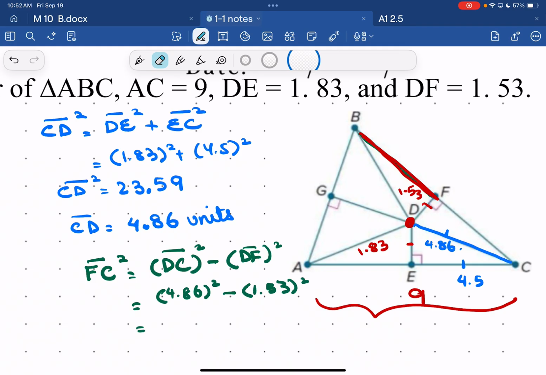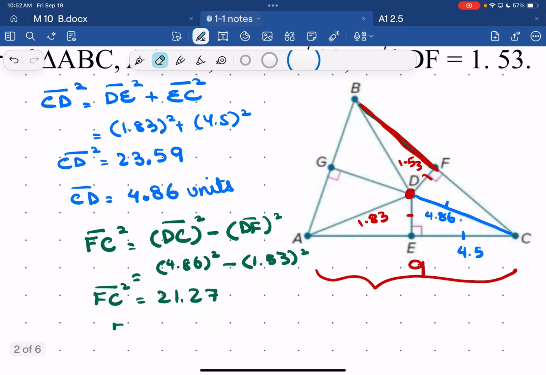go ahead. What did you get? 21.27 is equal to FC squared.